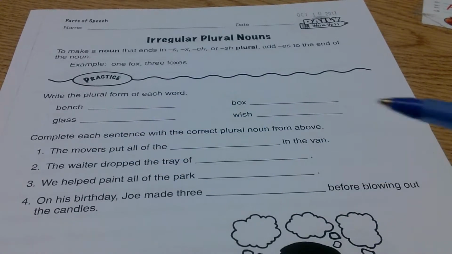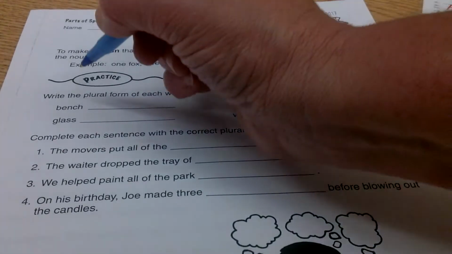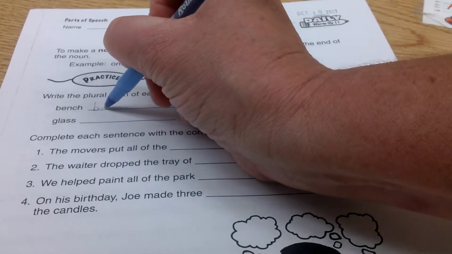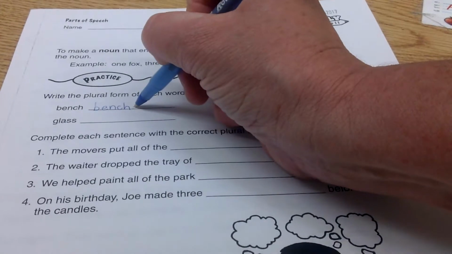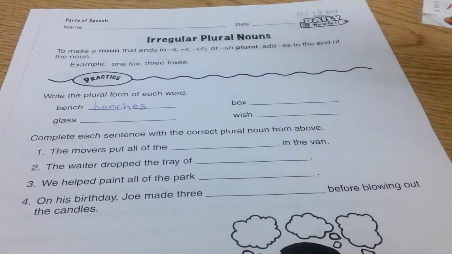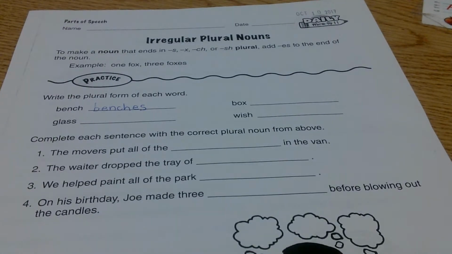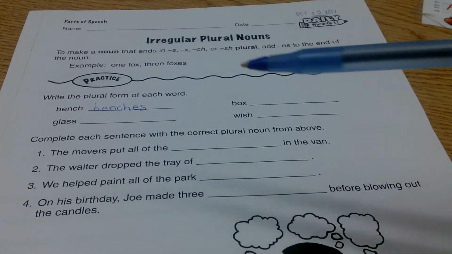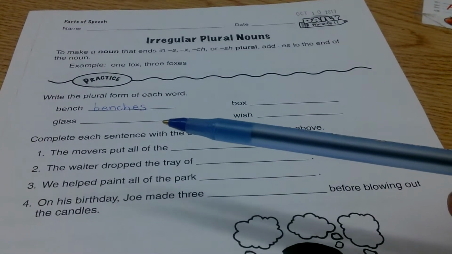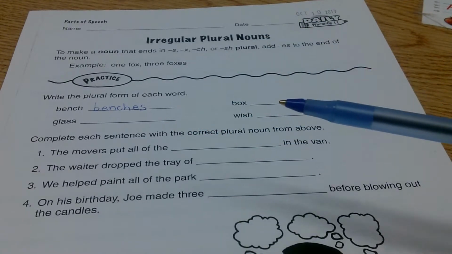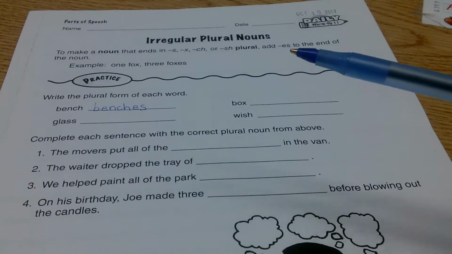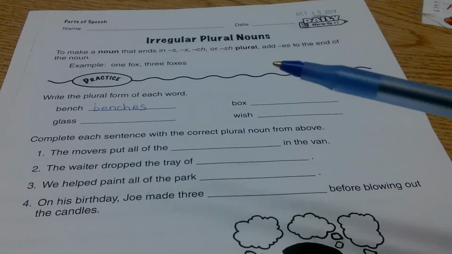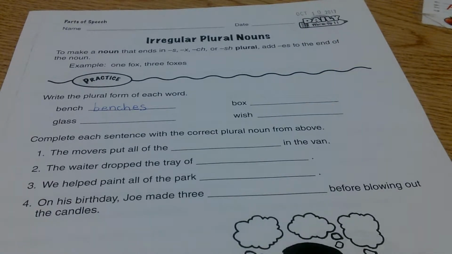So when we write benches, we're going to write B-E-N-C-H-E-S, benches. All right, and so go ahead and write the plural of class, the plural of box, and the plural of wish, following this rule of ES. You can pause this while you do it.